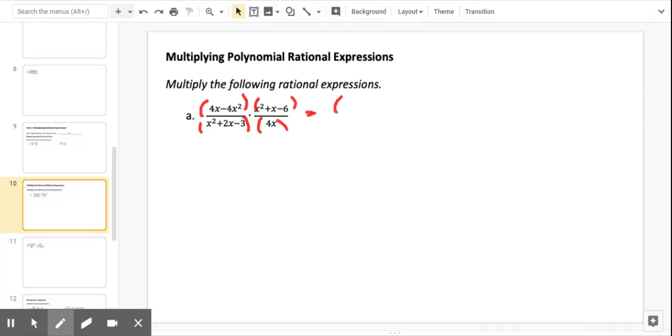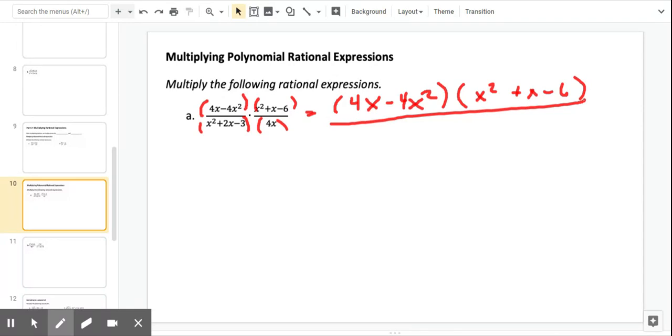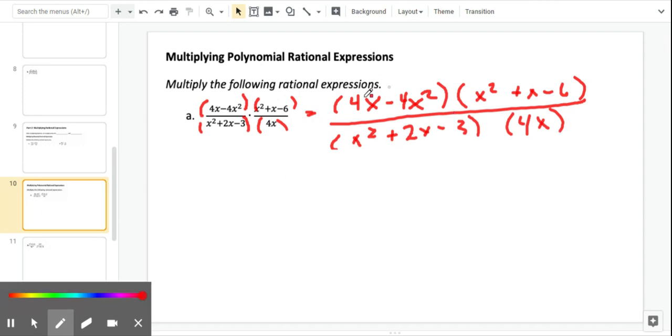So we have 4x minus 4x squared times x squared plus x minus 6. Keep them in parentheses over x squared plus 2x minus 3 times 4x. Now there's a reason I'm doing that. The reason is that we want to treat these as separate polynomials because I'm going to factor each of these sets of parentheses.